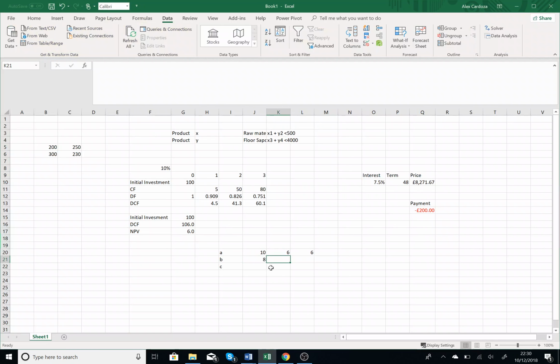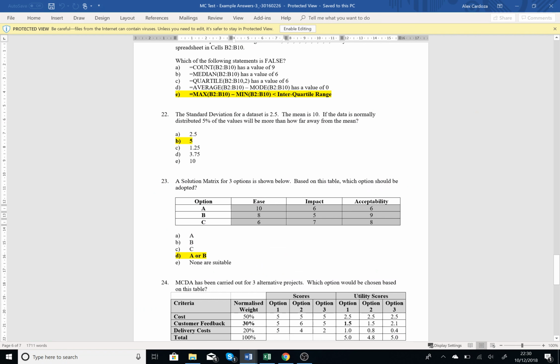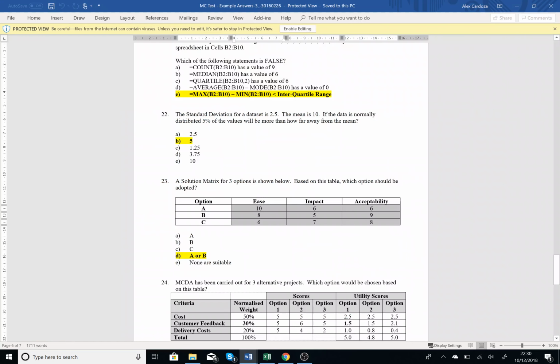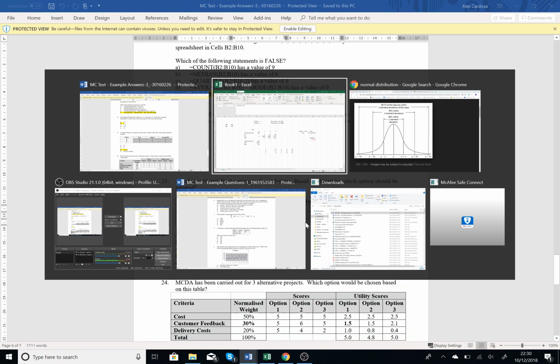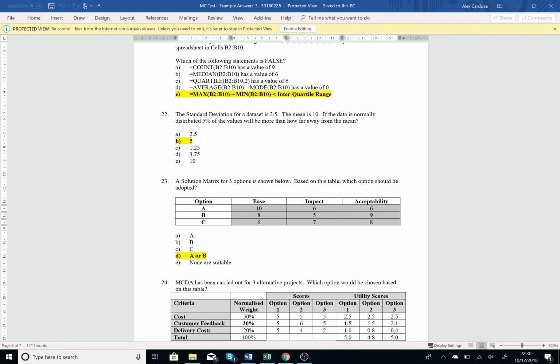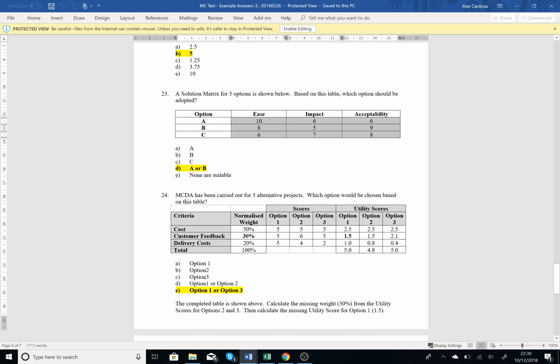You go 8, 5, and 9. You go 6, 7, and 8. It's literally just choosing which one's the best. And as you can see, 22, 22, and 21. So you'd say A or B. Because A is 22, B is 22, C is 21. Literally that simple.